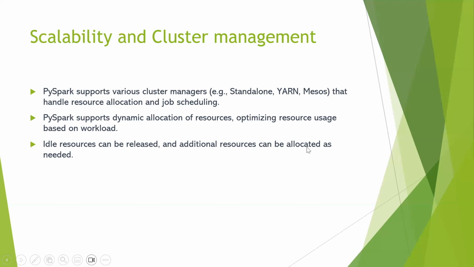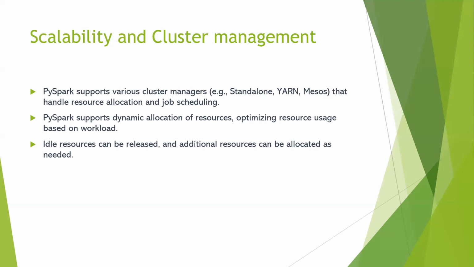So how does it work? For example, sometimes you have a high workload on your system or your site, and if you have n number of resources, you need all n resources. So it will distribute the workload among all the n nodes.